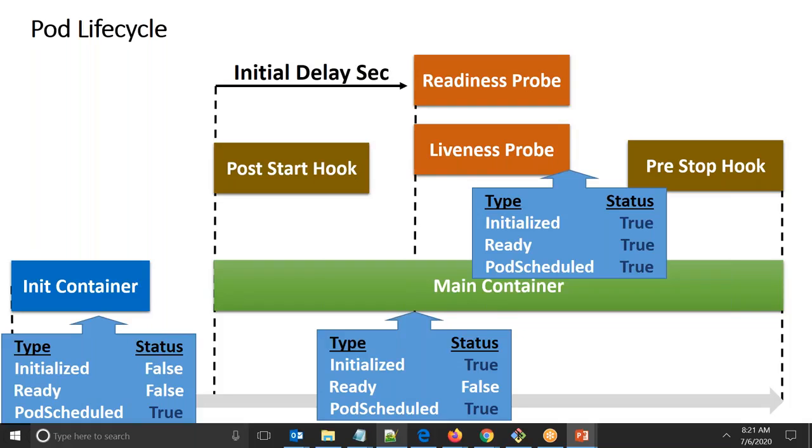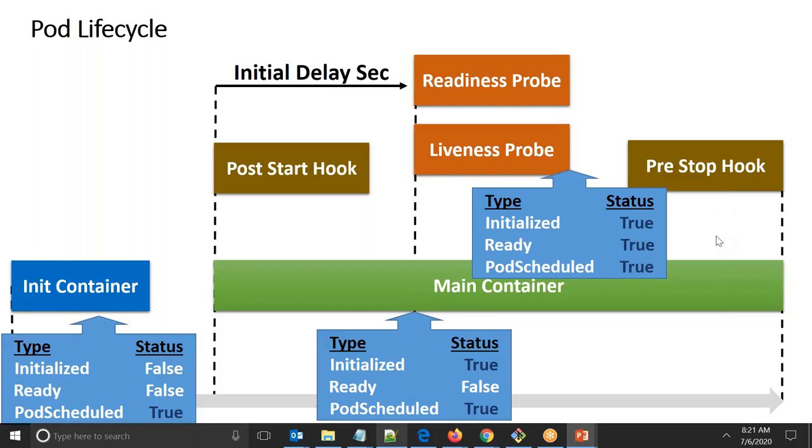Okay. So what exactly are these? As we see, you can have some hook, which is nothing but a trigger, which can happen as soon as your container starts coming up, or before your container stops, you can actually trigger some hook.